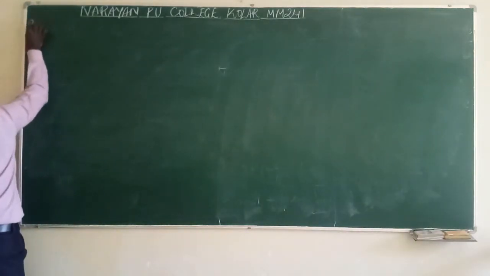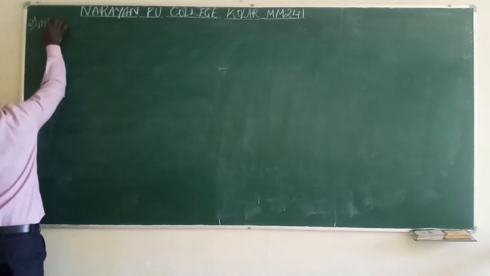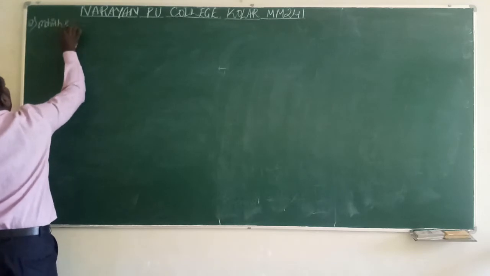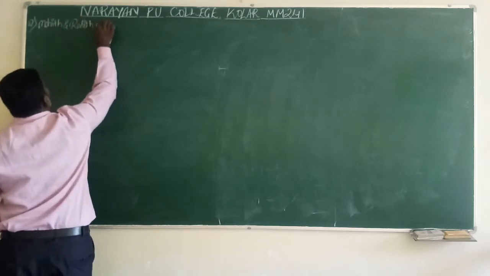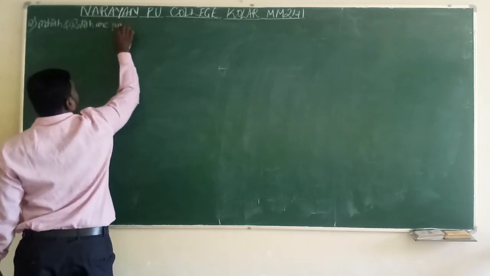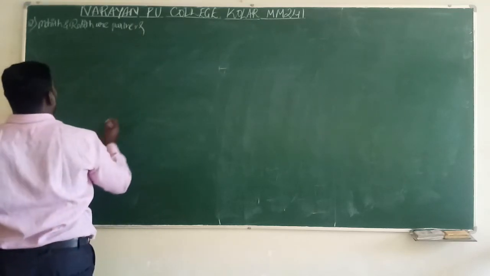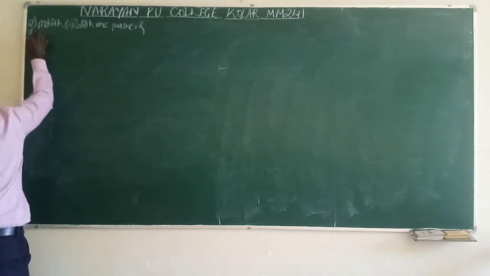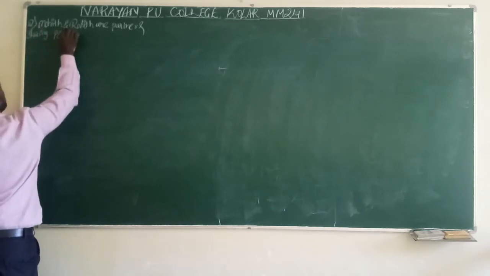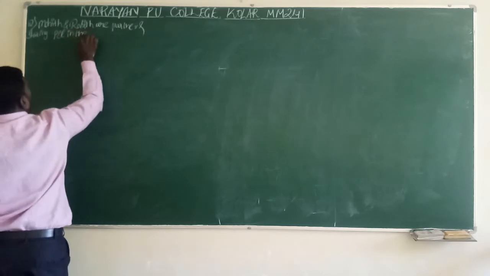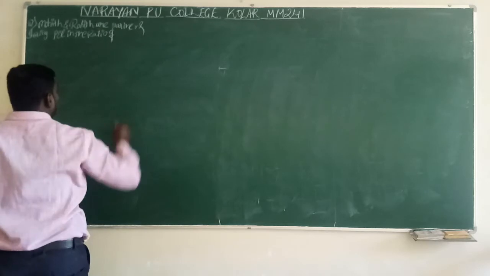Question number 2. Mohit and Rohit are partners sharing profits and losses in the ratio of 7:5.